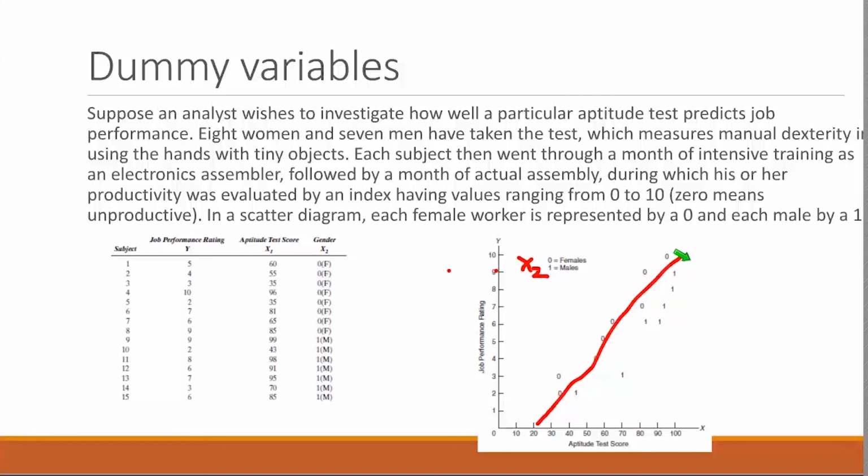Instead, if we recognize that, you know what, there's difference in gender, if we can fit in 2 lines, one straight line for, let me show you, female, and one straight line for male, right? That would be better because these 2 lines represent each group, and the line for female is close to the female's observation. The line for male is close to the male's observation. That's the idea.